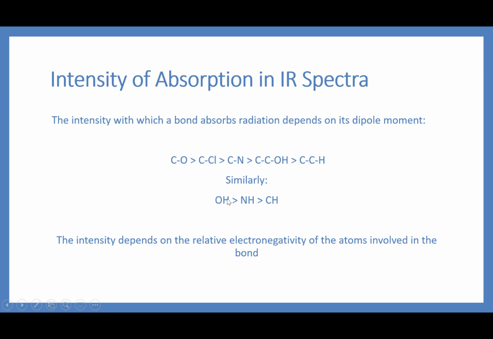So an oxygen bound to a hydrogen is greater and it's going to have a more intense band than a nitrogen bound to a hydrogen or an amine group. So our hydroxyl group or amine group, and then just a plain old CH group. So this just stands to practice, okay?